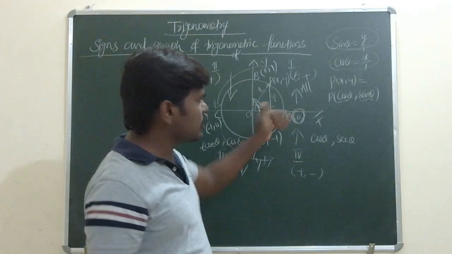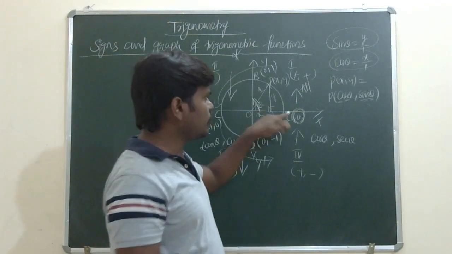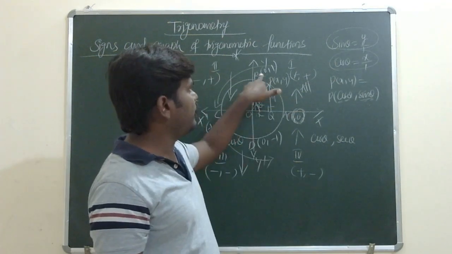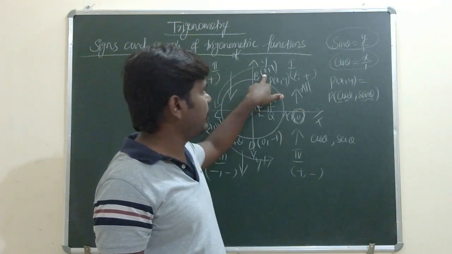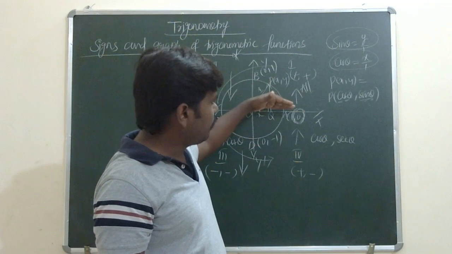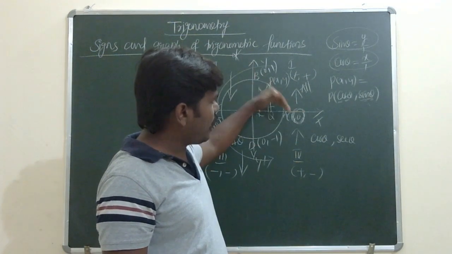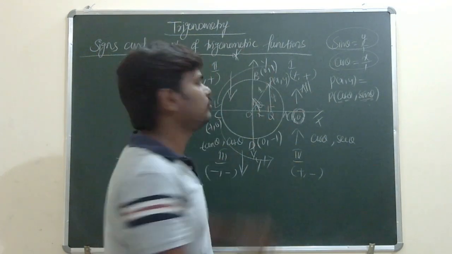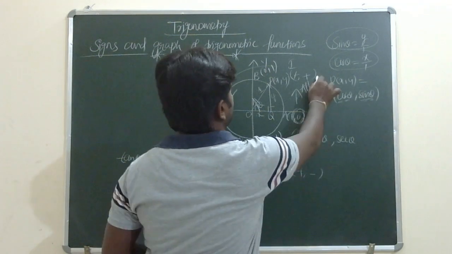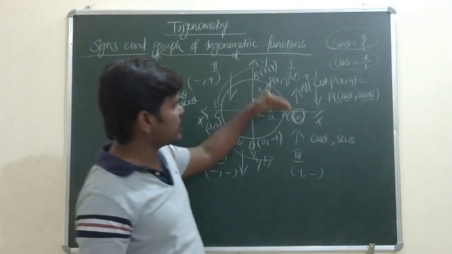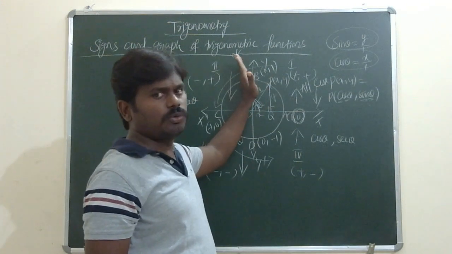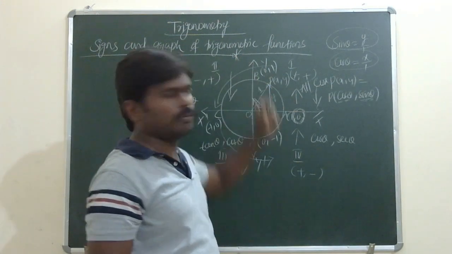We can observe the same for cos also. Here cos 0 is equal to 1 and cos 90 is equal to 0. So when theta is increasing, the value of cos is decreasing, from 1 to 0.